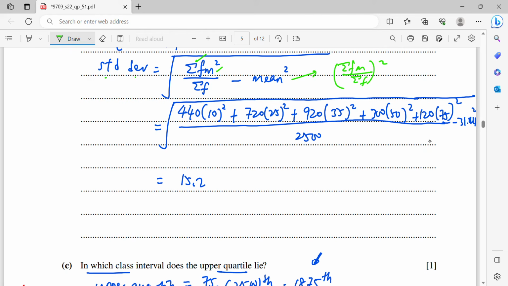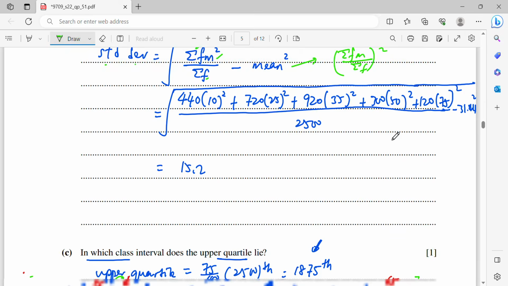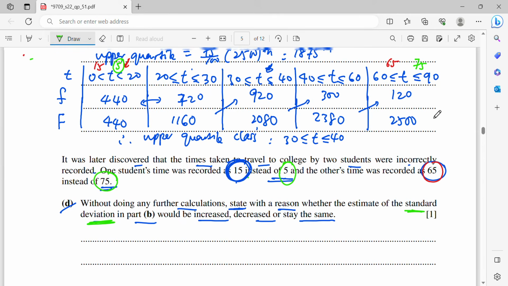Now the actual data 5 is in the same group as the wrongly recorded data 15, which means there's no effect on the f and the m, because the m is counted using the lower and upper limits. Same for 65 and 75. It is supposedly 75 but wrongly recorded as 65, but they are still in the same group.